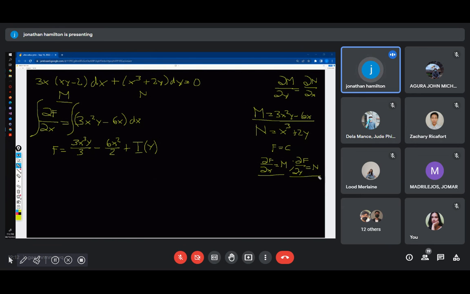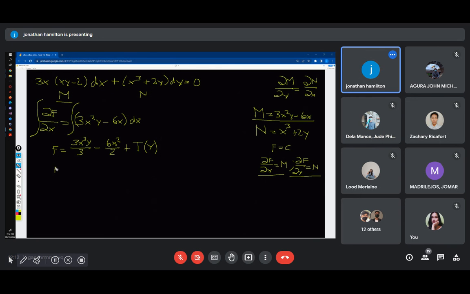Kay if we solve for the other equation, we can say na our function t of y is our murag joint link between the two functions m and n. So makita nato ni karon. For example, let's simplify.